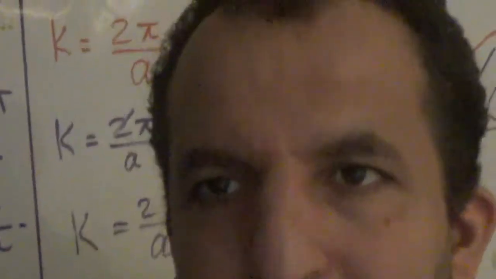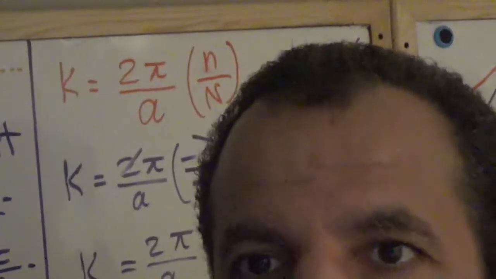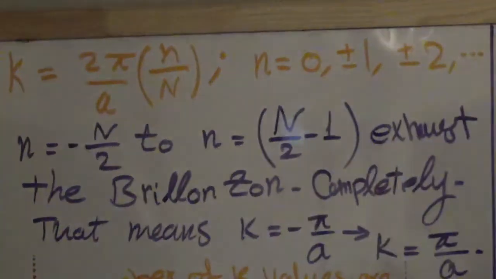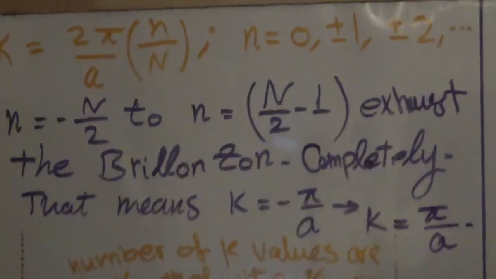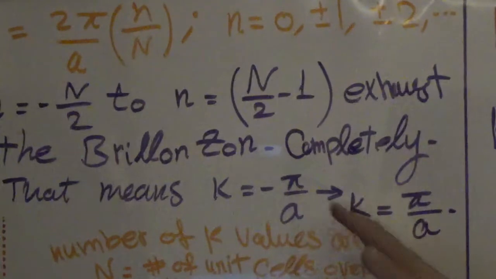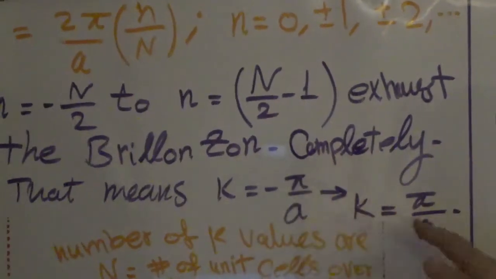Now, after we did this, it is a very nice idea to try to finish what we started right here. We mentioned that the k values can go from minus pi over a to pi over a.